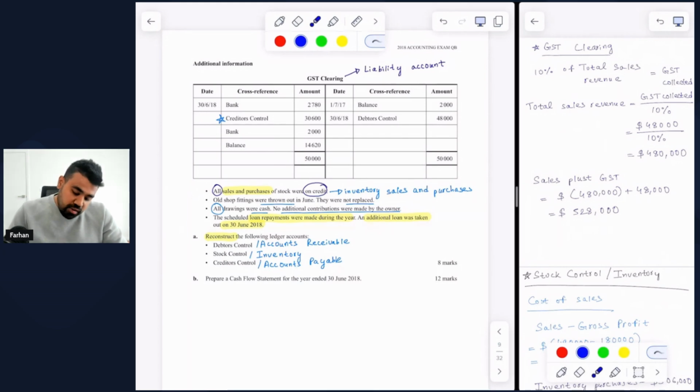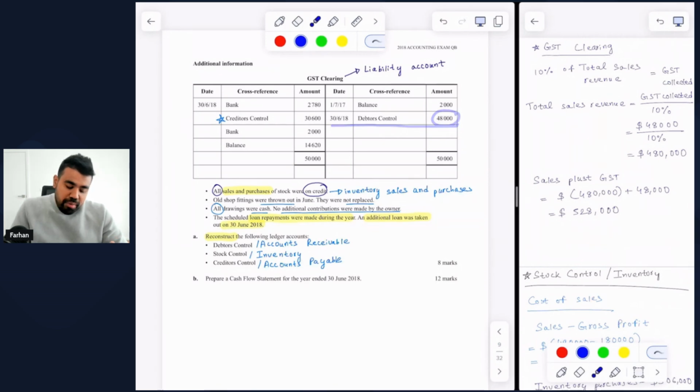Now, within the GST clearing liability account, you can see on the credit side, we are given the opening balance, and that is $2,000. And you can also see this line, which refers to at 30th of June 2018, the amount that we expect to collect from our accounts receivable for credit sales made during the year ending 30 June 2018 is $48,000.